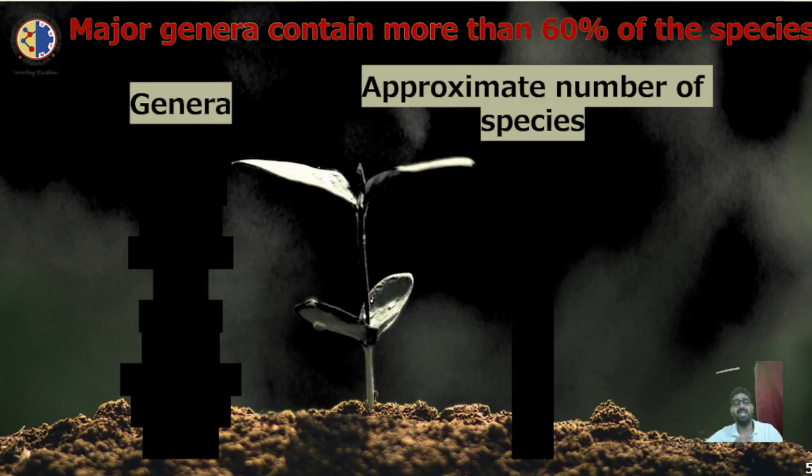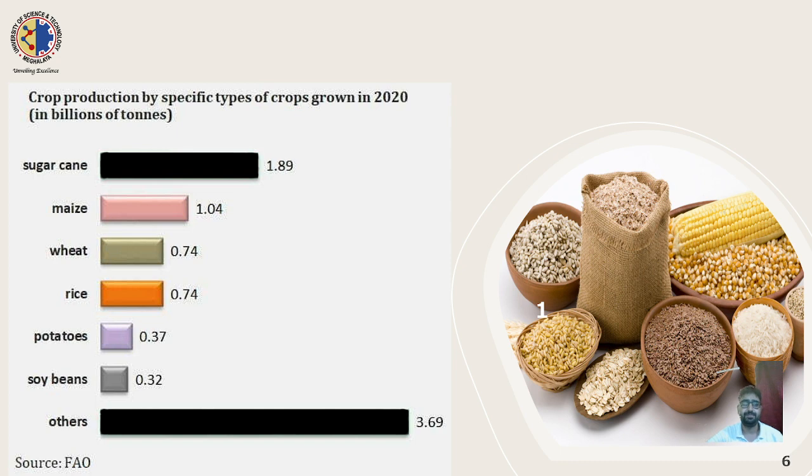Some of the major genera of this family contribute more than 60% of species. These are the top 10 genera with the highest number of species, like Poa, Panicum, Paspalum, Bromus, Eragrostis.